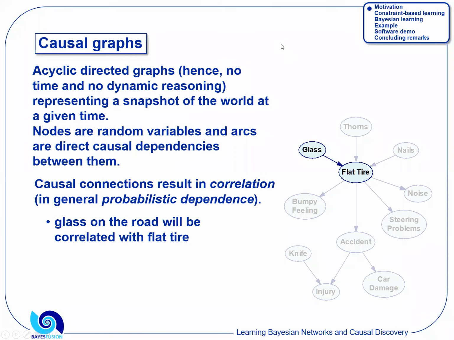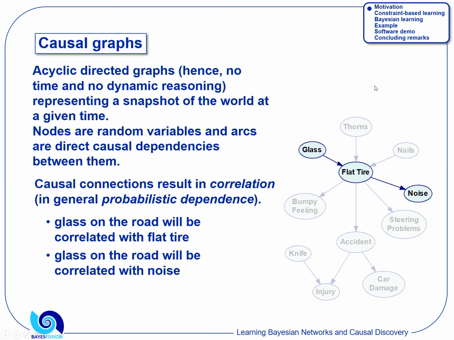Causal connections result in correlations or dependencies. So glass and flat tire are connected. There will be dependence. Those roads that have a lot of broken glass will have more flat tires. Places where people got flat tires will tend to have more glass spread than other places. Noise and glass are going to be related too through this chain.